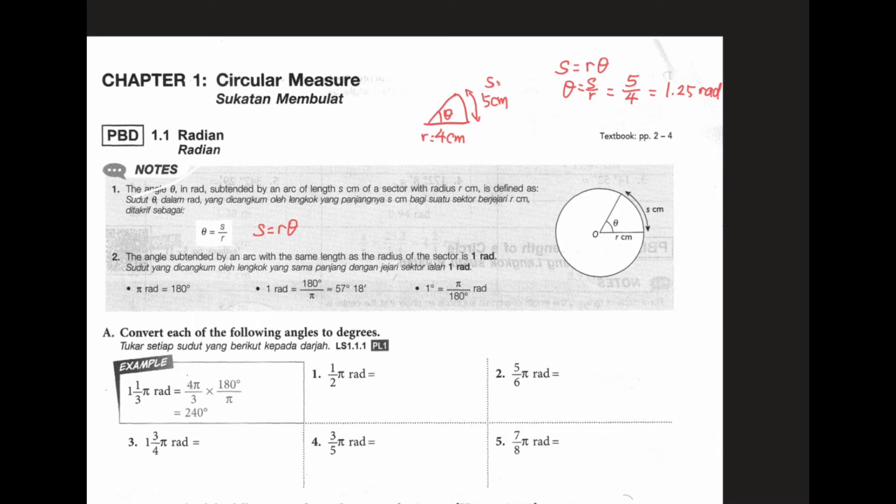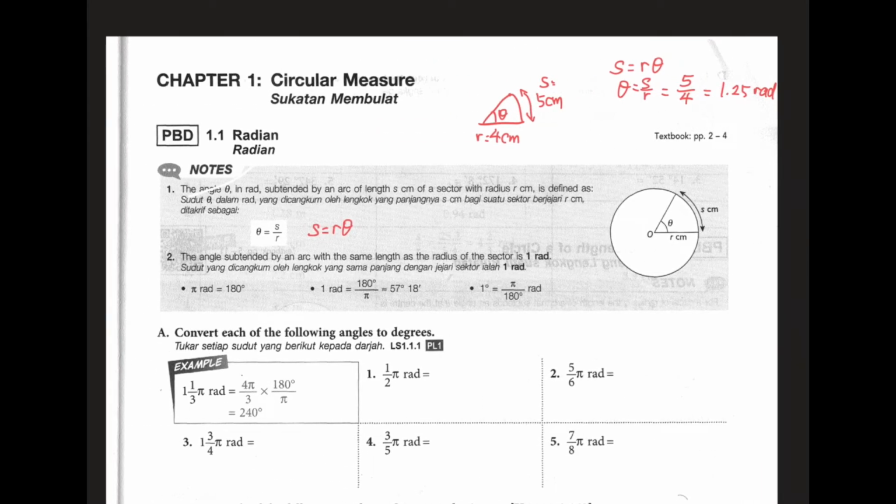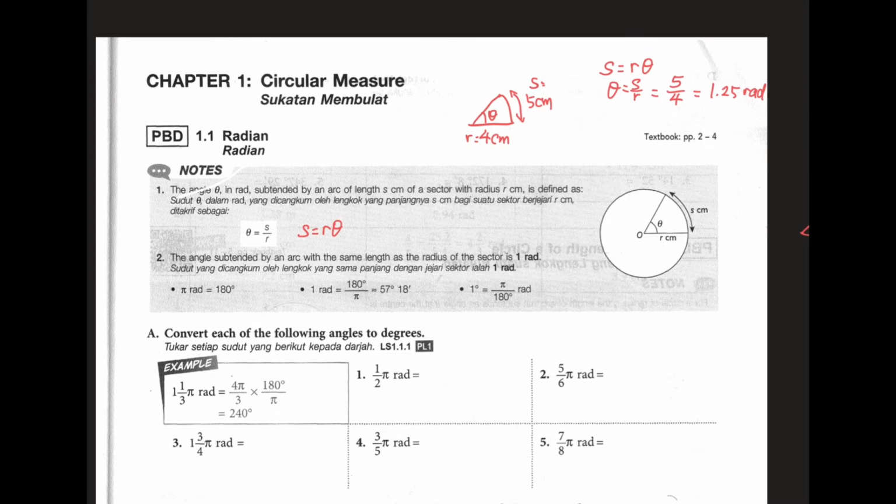Okay, so let's say for example again, if this is 5 cm, this is 5 cm, this is theta, so theta equal to s over r, so s is 5, r is 5, so we end up with 1 radian. Okay, so that is the idea of 1 radian.